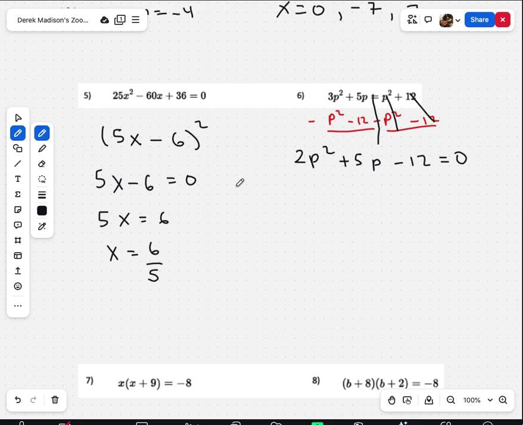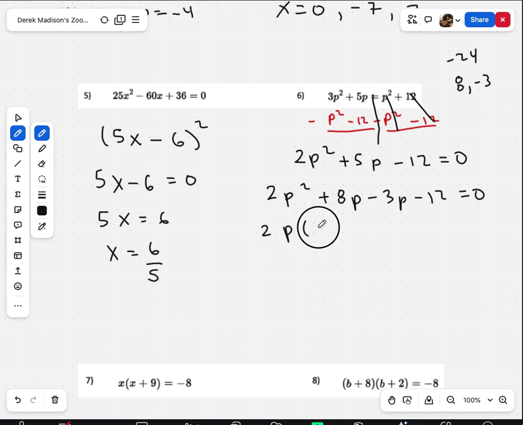So 2 times negative 12 would be negative 24, and we need two numbers that multiply to negative 24 and add to be 5. So it sounds like 8 and negative 3. So we'll rewrite that with 4 terms. And then we'll take our common factors out, so 2p on those first couple, p plus 4.